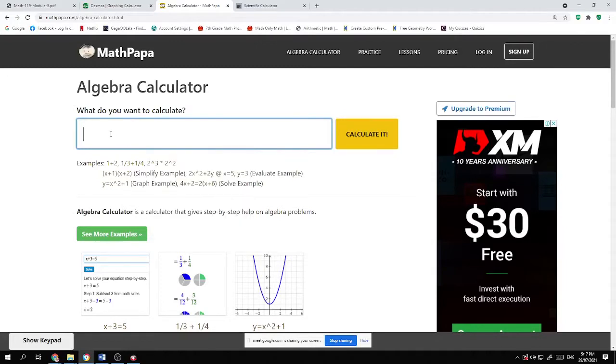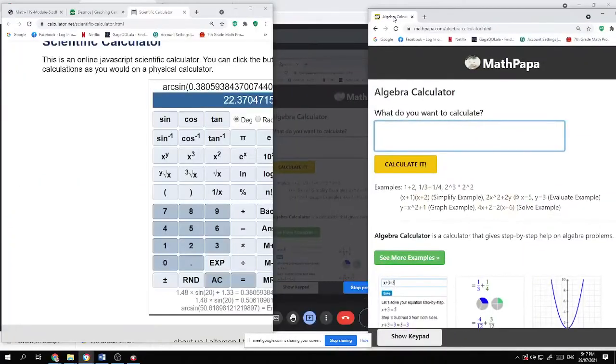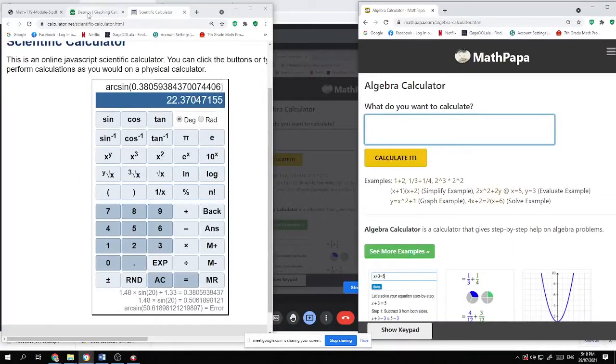You can even type the equation. I'm going to retype it again, side by side so that it's clear what I write. Okay, there you go.